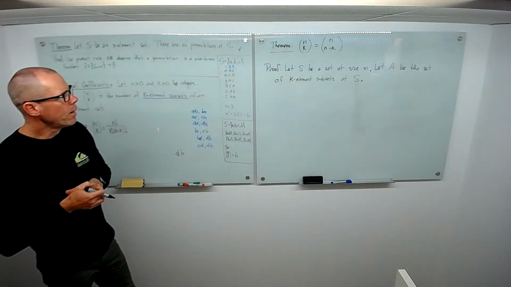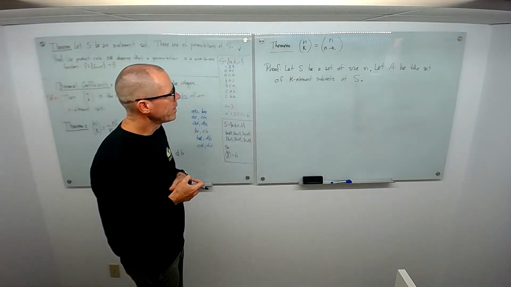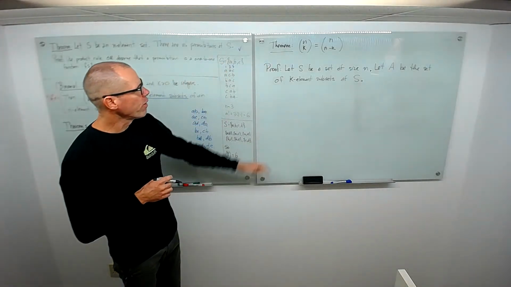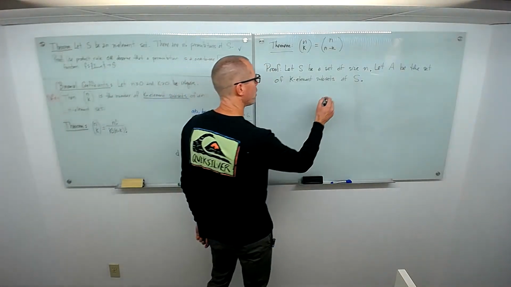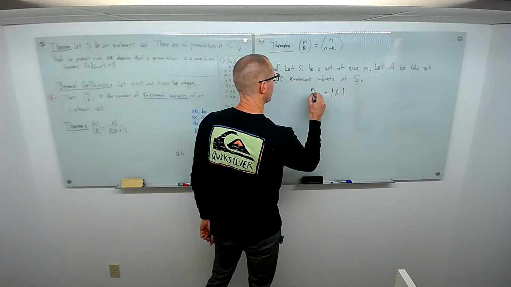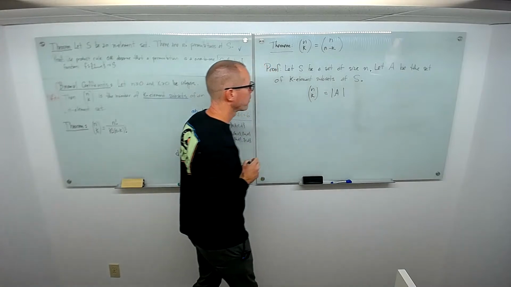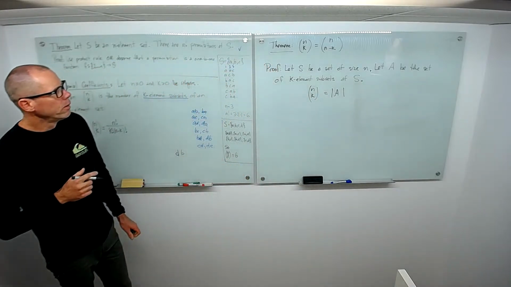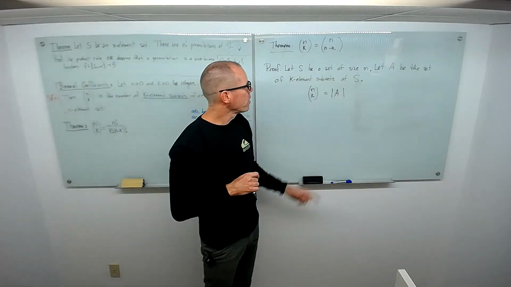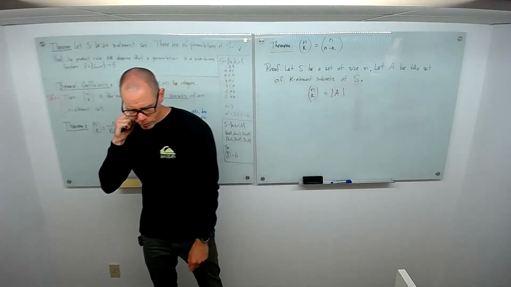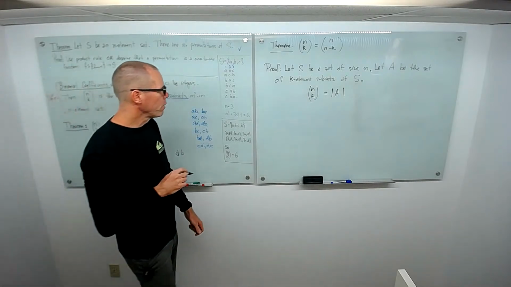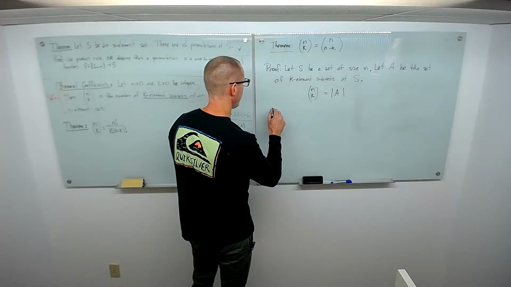So A is supposed to have every k-element subset of S. So by definition, the size of A is equal to n choose k. That's just the definition of n choose k. It's the number of k-element subsets of a set S. So that's one way to get the size of A. Here's the second way to get the size of A.